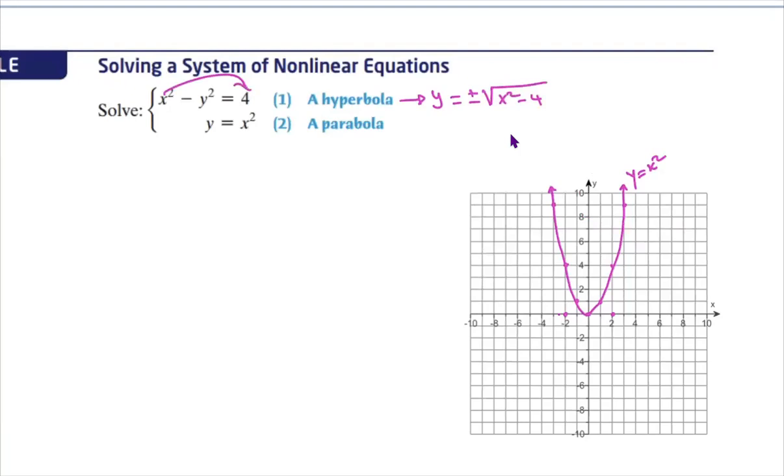So you just move the x squared over. It's negative y squared, but when you multiply by the negative sign, it gives you the positive x squared minus 4.